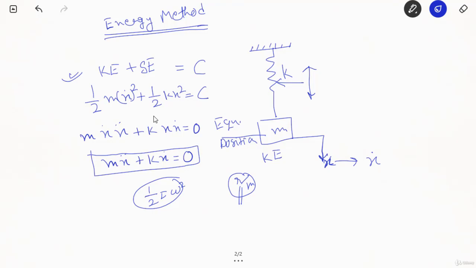The first differentiation will give us the differential equation, right? In order to calculate the natural frequency, we have to put this differential equation in its standard form, which is x double dot plus omega n square x equal to 0, right? And comparing our equation with this result will give us the final answer.